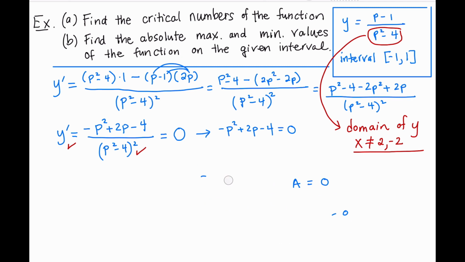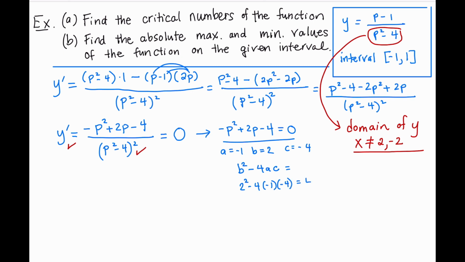In this case, this happens to be a quadratic equation with a equal -1, b equal 2, and c equal -4. So I'm just going to look at the discriminant, b squared minus 4ac, because I want to see whether this is greater than or equal to 0. So I have 2 squared minus 4 times -1 times -4.